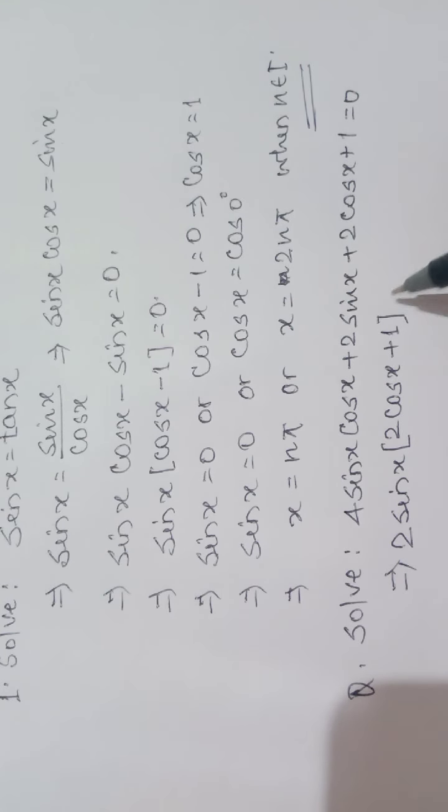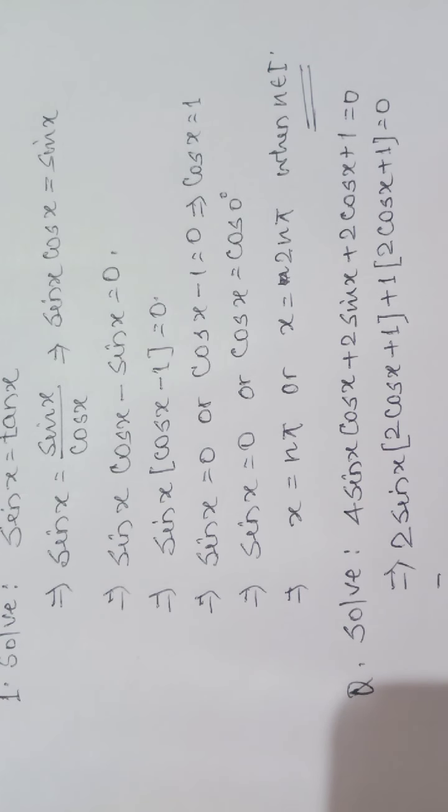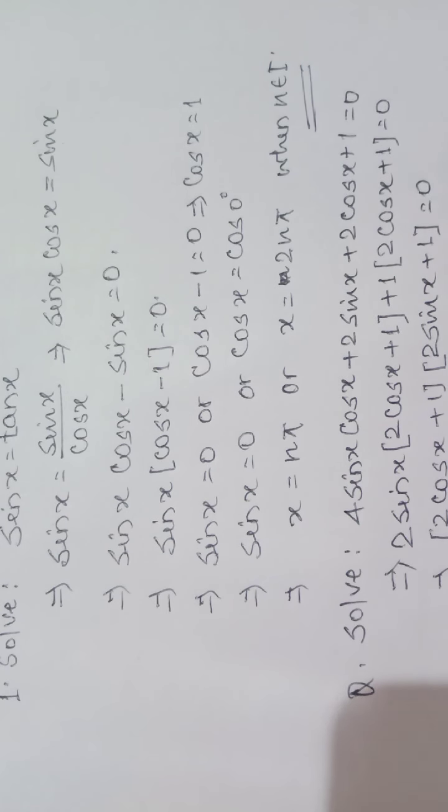In the remaining two terms, only 1 is common, so it should be written as 2 cos x plus 1 equal to 0. Again, after taking 2 cos x plus 1 as common, then we have 2 cos x plus 1 into 2 sin x plus 1 equal to 0.